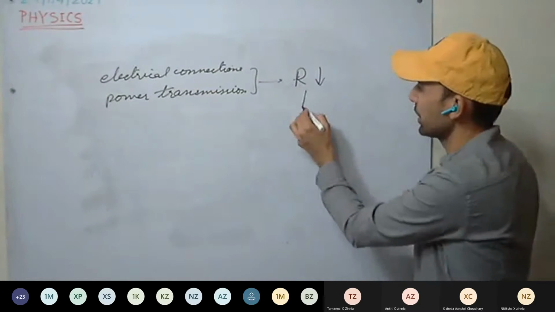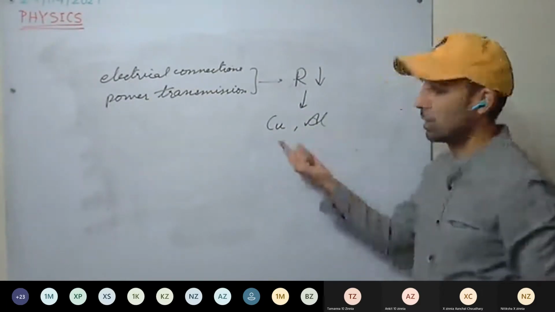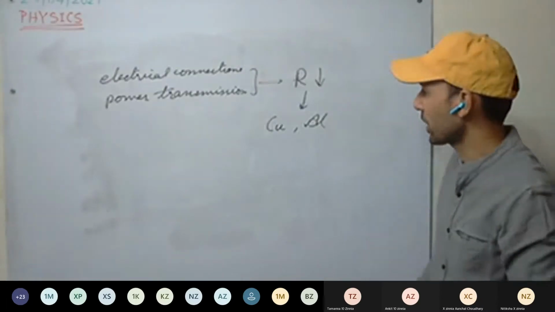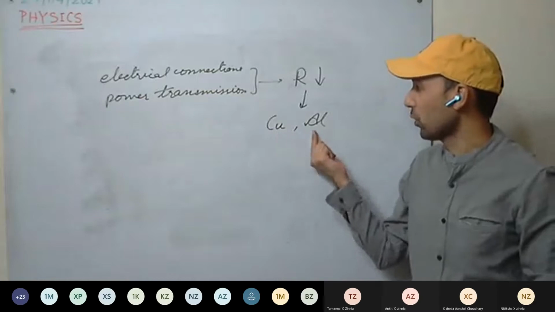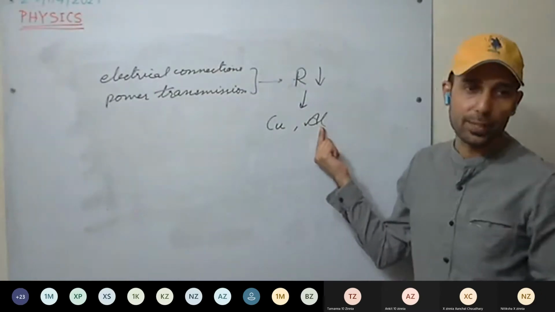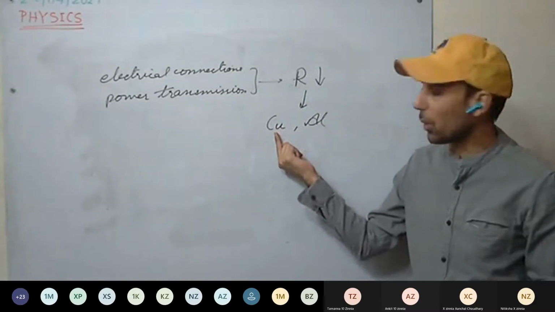So which wire can we use here? Copper, aluminum, silver as well if we have a lot of money. Silver is costly, so we avoid silver. We go with copper, or the cheaper aluminum. House wiring you have seen is mainly copper.